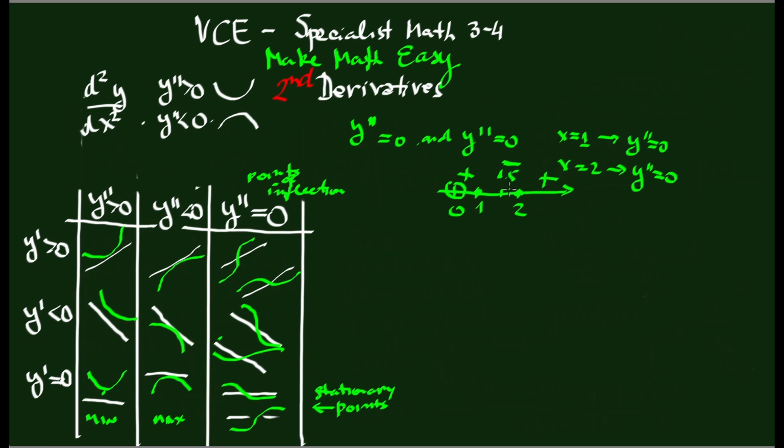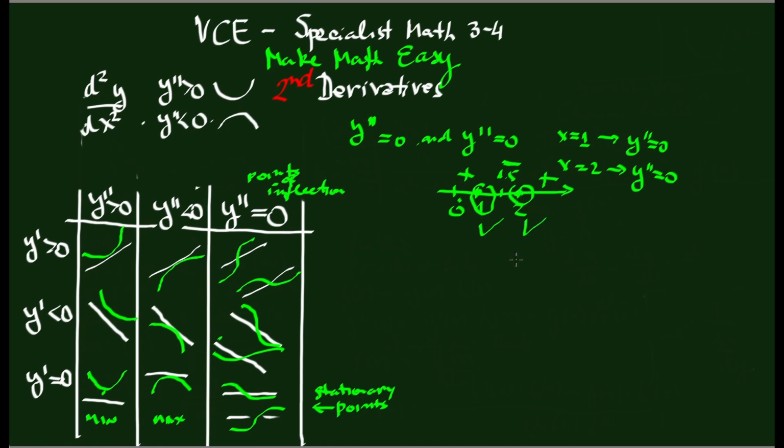Therefore around point 1, number 1 is a stationary point of inflection because the sign changes. And the second one is also.